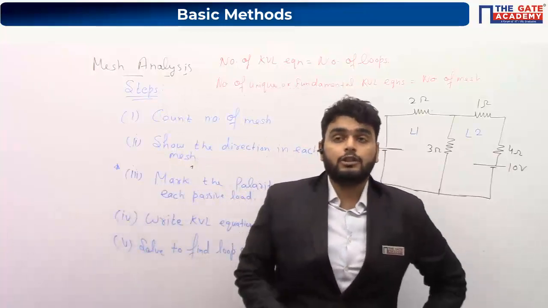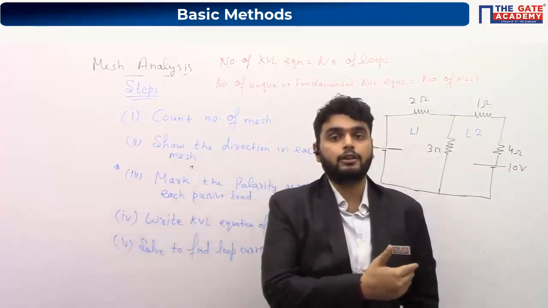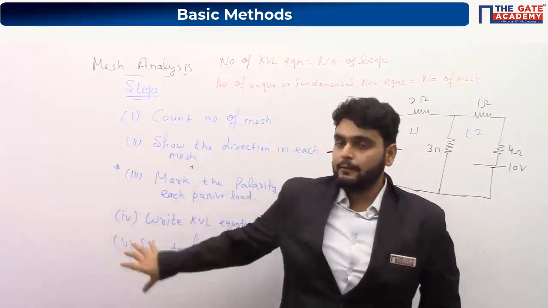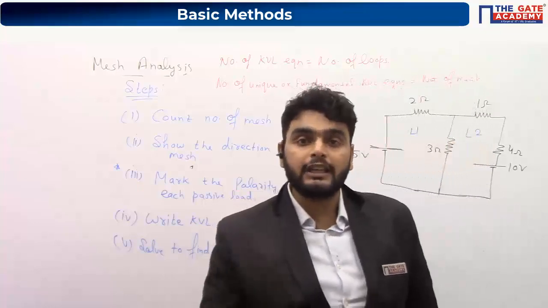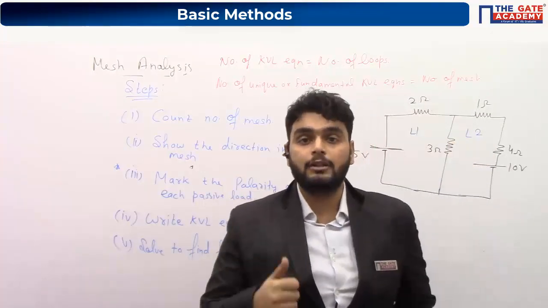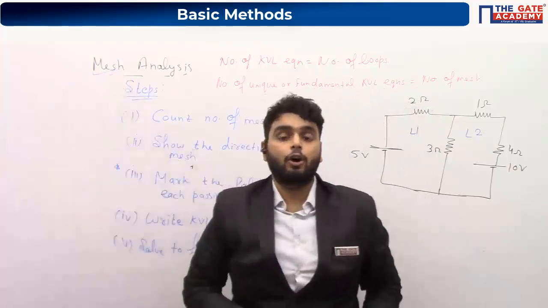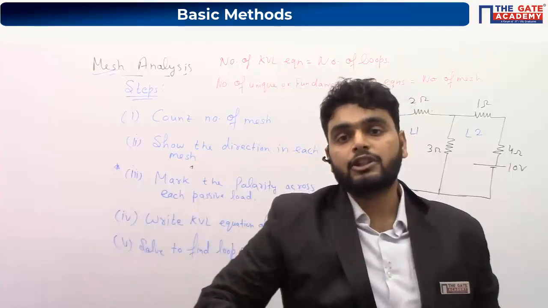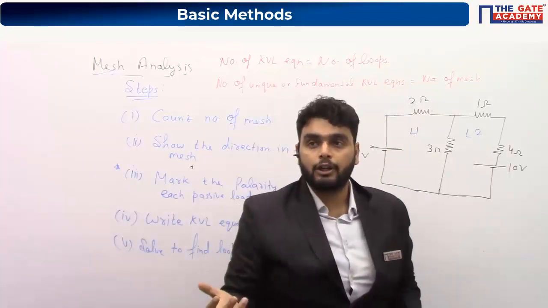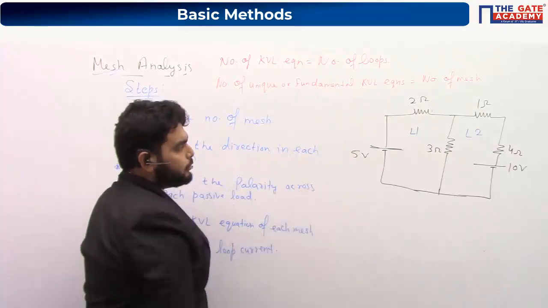In a question, they can ask in any form: number of KVL, or unique, or fundamental KVL. Here, in mesh analysis, we only see the unique or fundamental KVL equations, so we only see the meshes, not other loops which contain one or more loops inside. With these steps, I will solve this question.